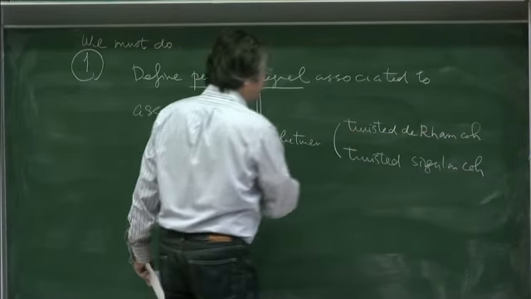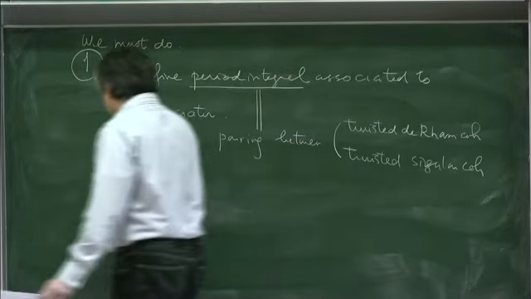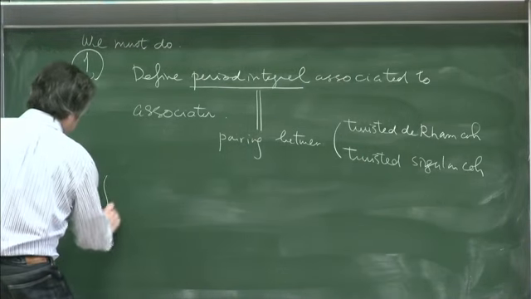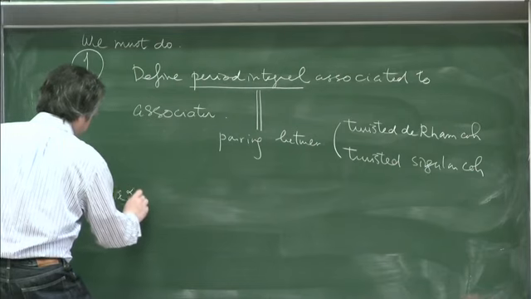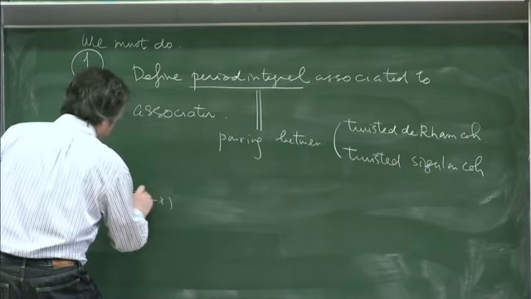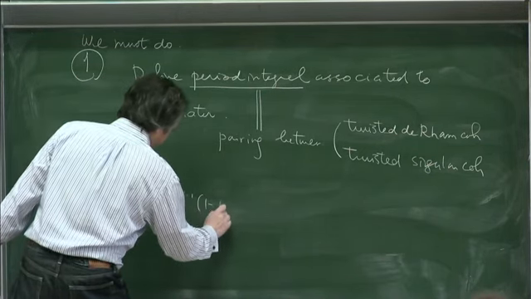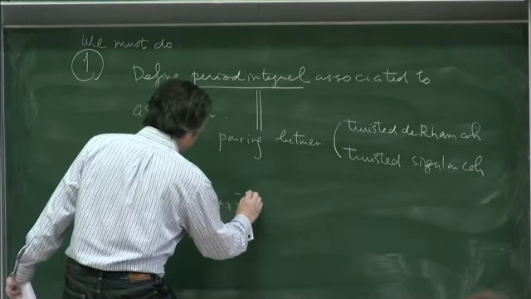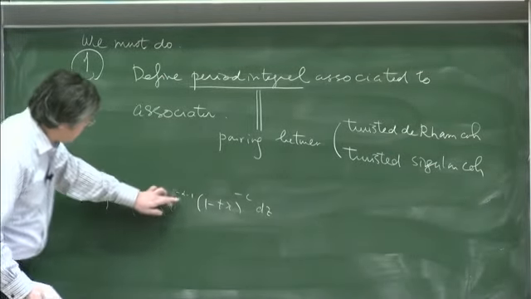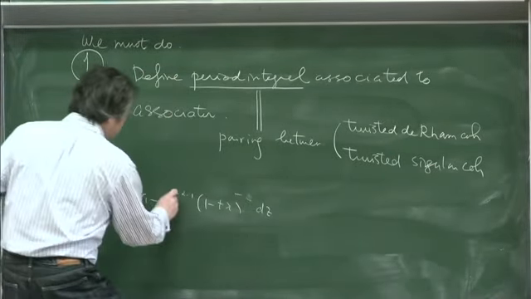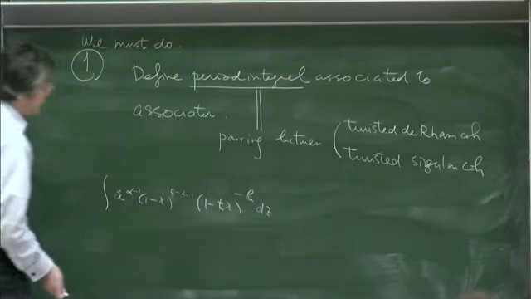Why twisted? Twisted is, for example, hypergeometric function is the integral of x^alpha (1 minus x)^beta (1 minus tx)^(minus c) dx like this, and this is cohomology of a curve.